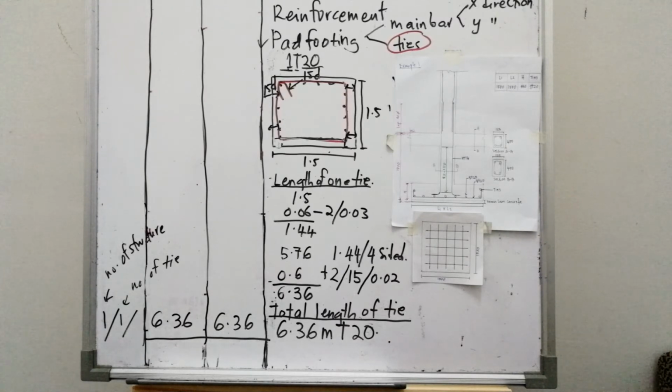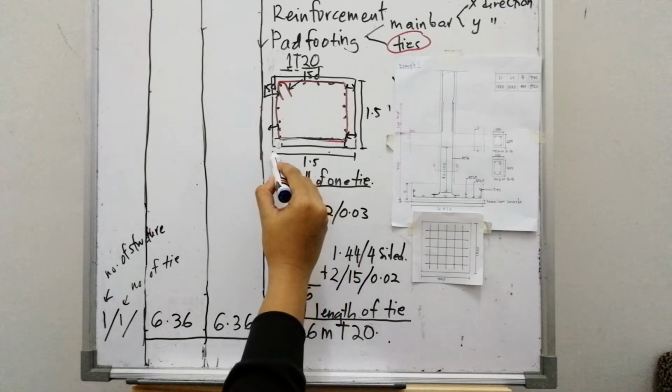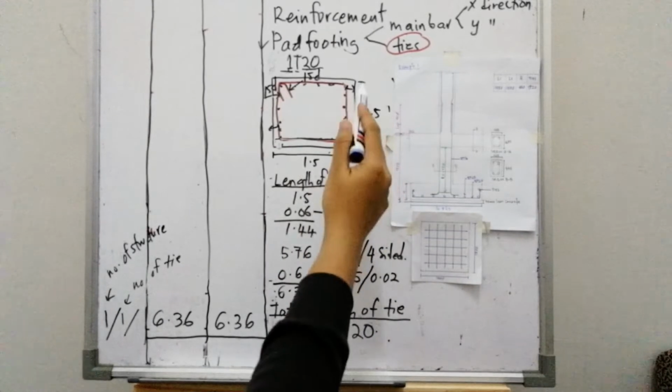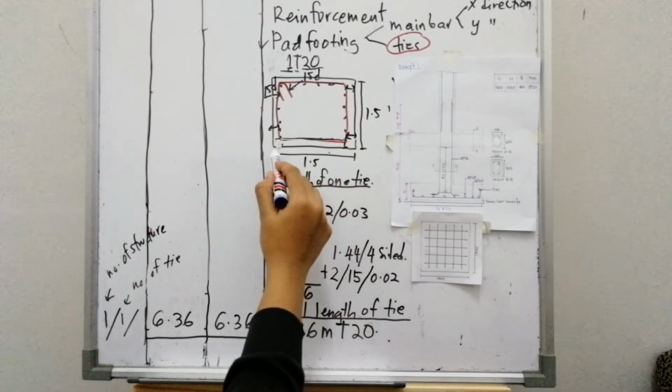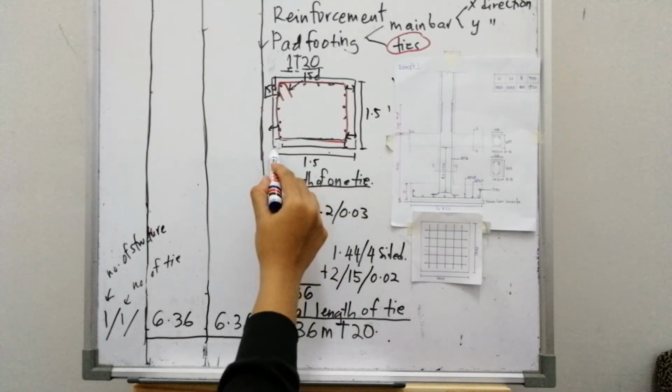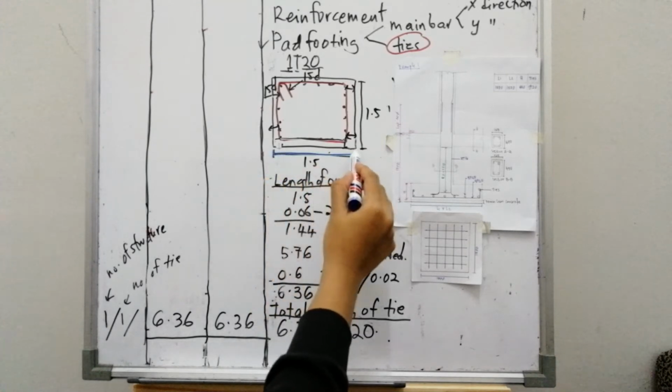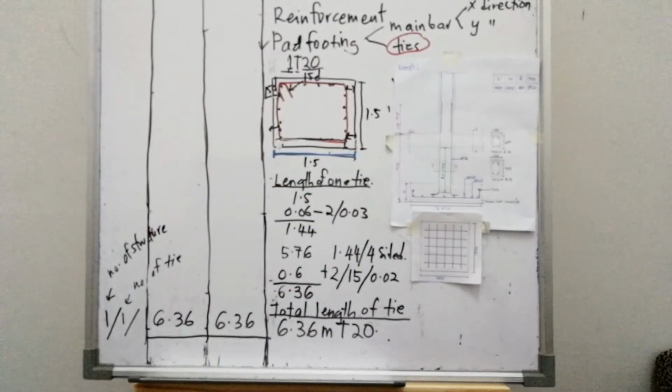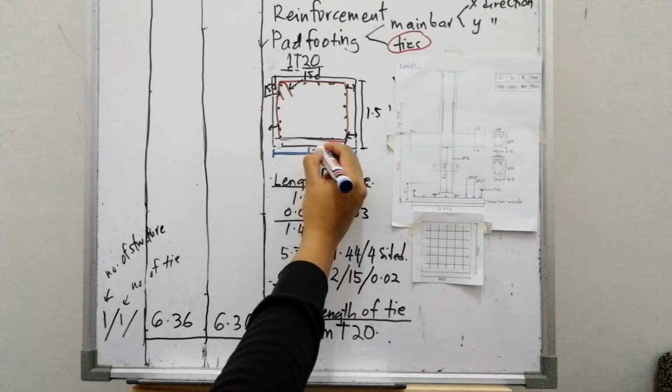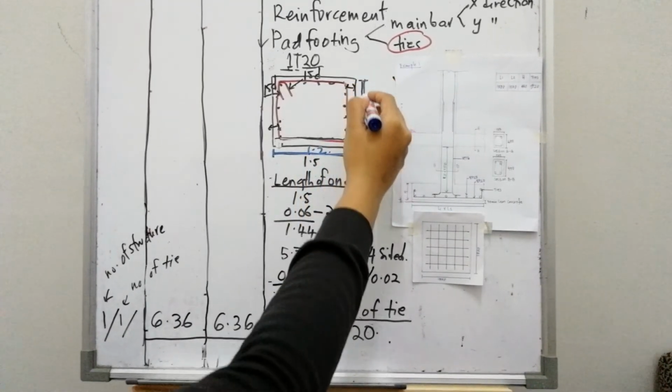Let's say the pad footing has different lengths. For example, this is 1.2 and here is 1.5.